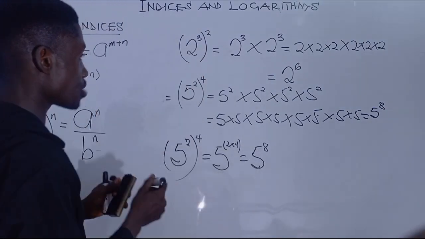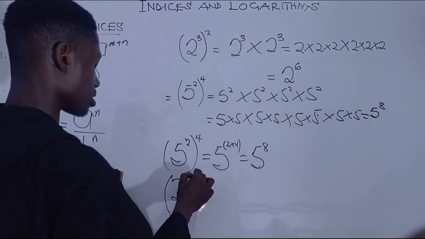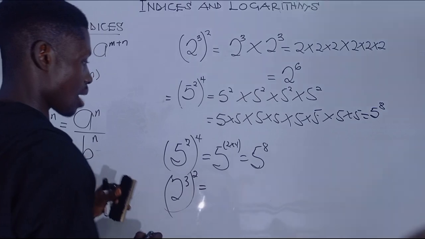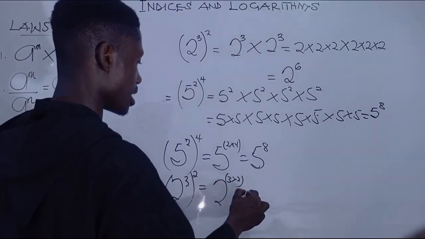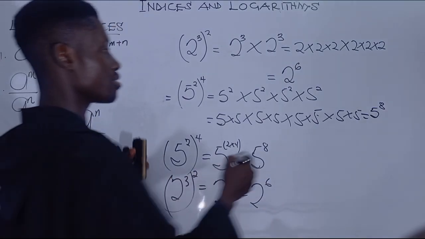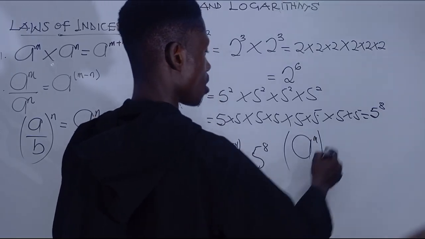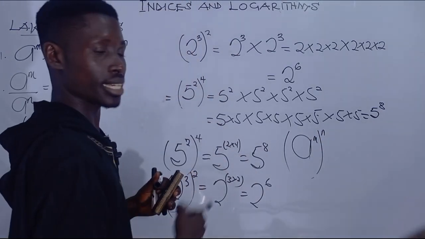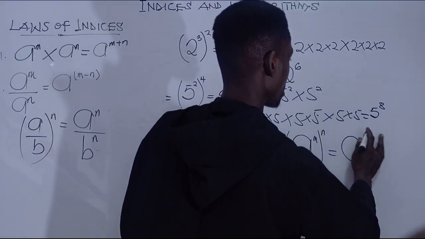So when you have 2 raised to the power 3 all power 2, it can be written as 2 and then we have 3 times 2. And this gives us 2 raised to the power 6. So when you have, let's say, a raised to the power m all raised to the power n, it is the same as a raised to the power m multiplying n.